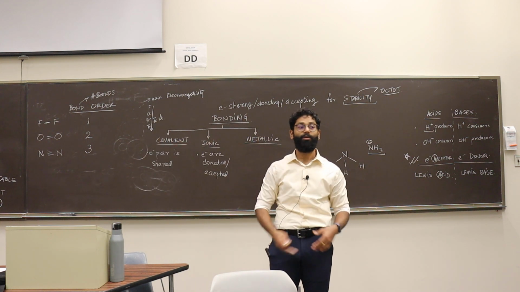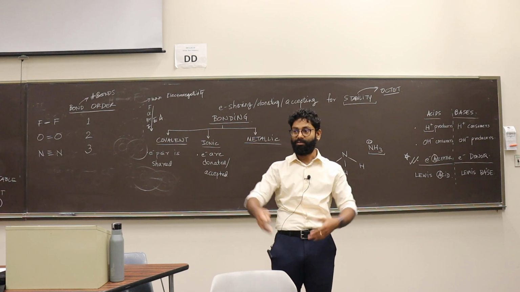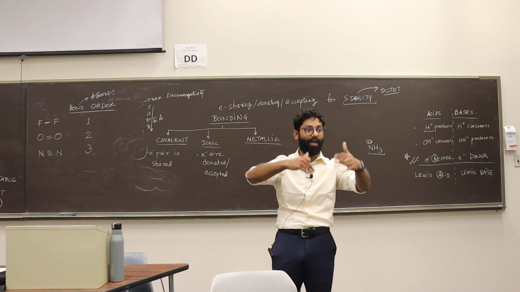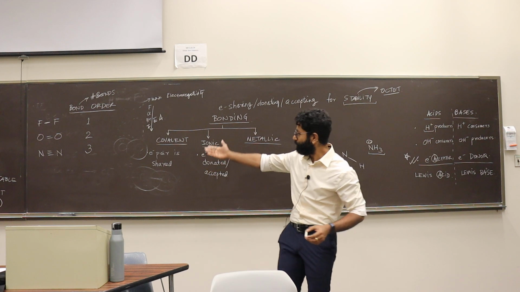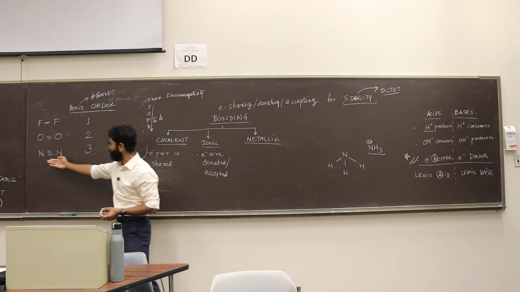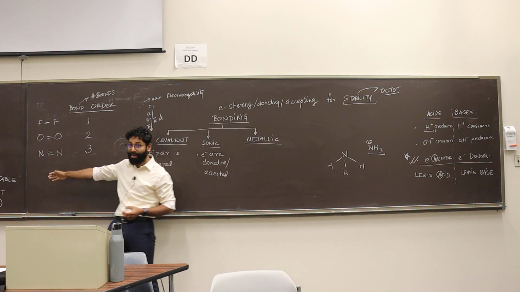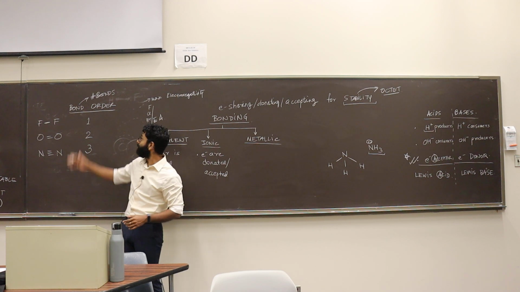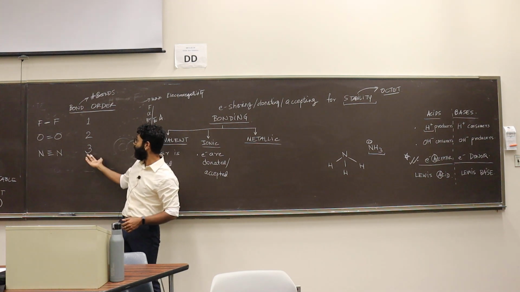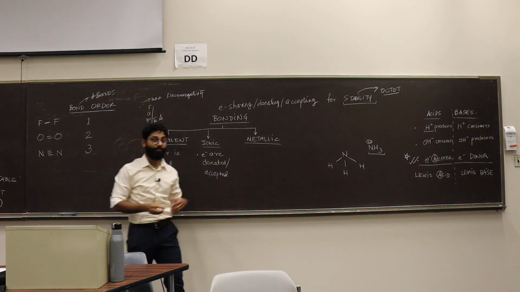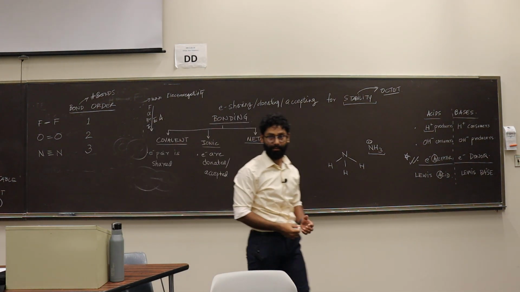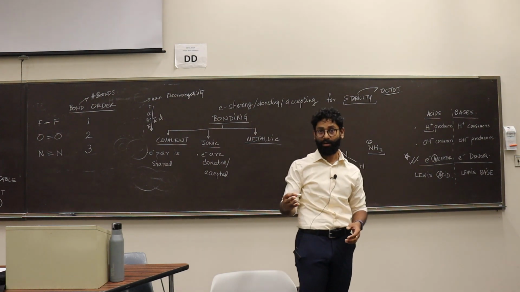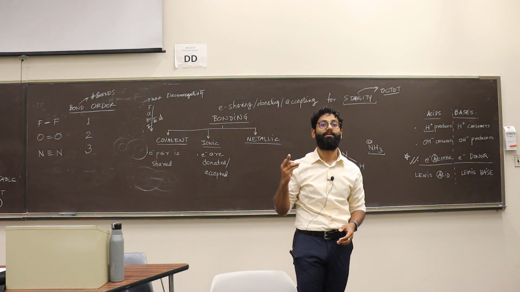Like the person who's sharing the most amount of things versus a person who is not sharing that many things, right? So the element that is sharing 3 pairs of electrons has a stronger bond, and the bond order, therefore, is proportional to the bond strength. So the one that has more bond order will have more bond strength.